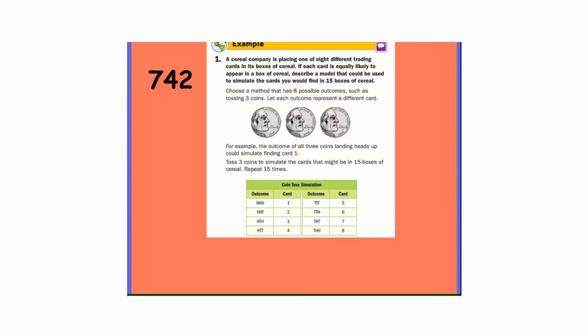Okay, so for number 1 here. A cereal company is placing one of 8 different trading cards in its boxes of cereal. If each card is equally likely to appear in a box, describe a model that could be used. So 1 of 8. Think about what we've done before with 8 outcomes. We've tossed 3 coins. There are the outcomes of the coins.